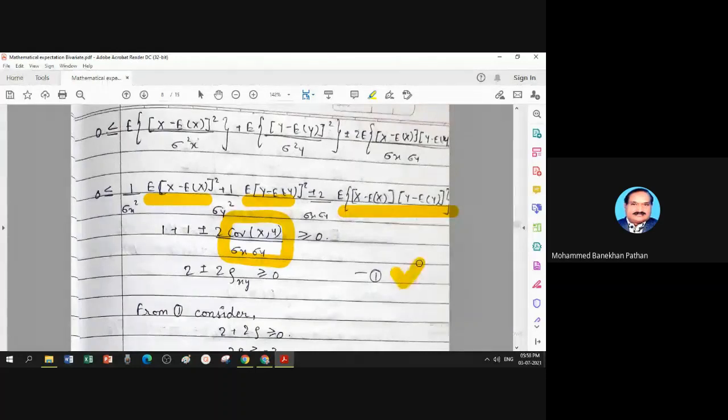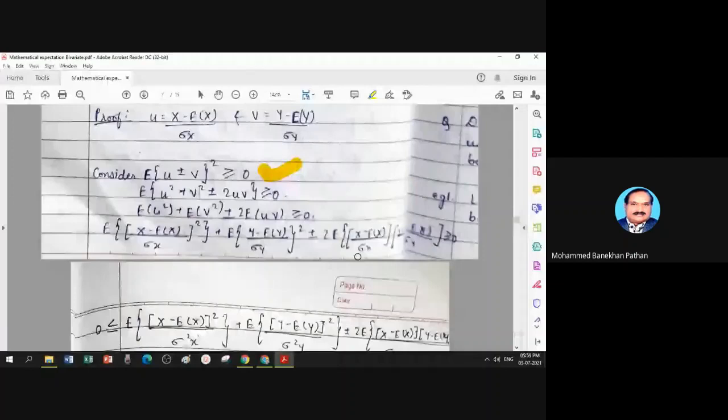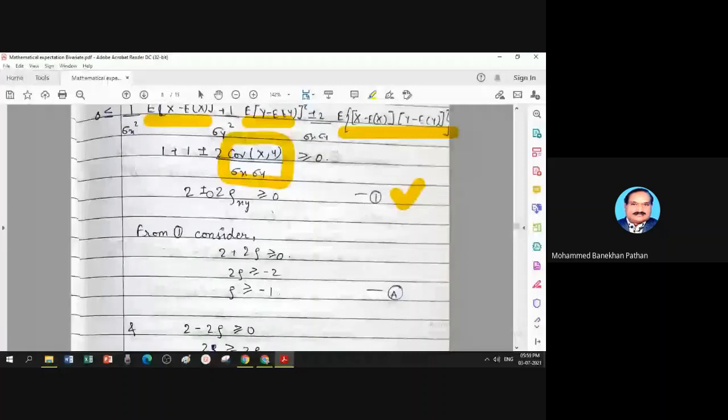For what purpose are we doing this? To show that the correlation coefficient is between minus 1 and 1. That we want to prove mathematically. Now I take the plus and minus conditions from this equation.